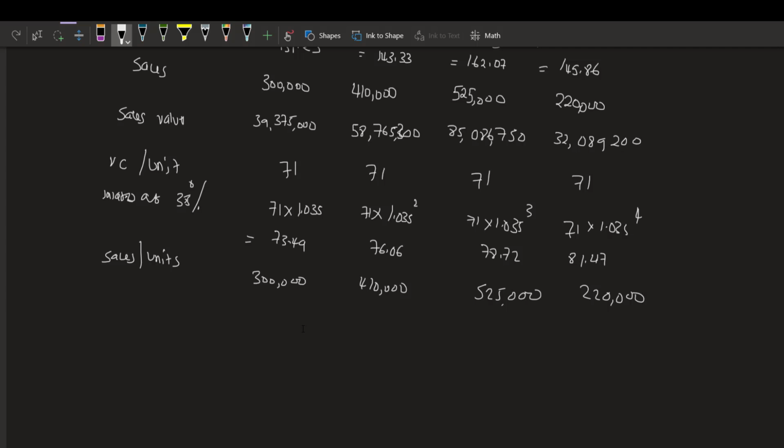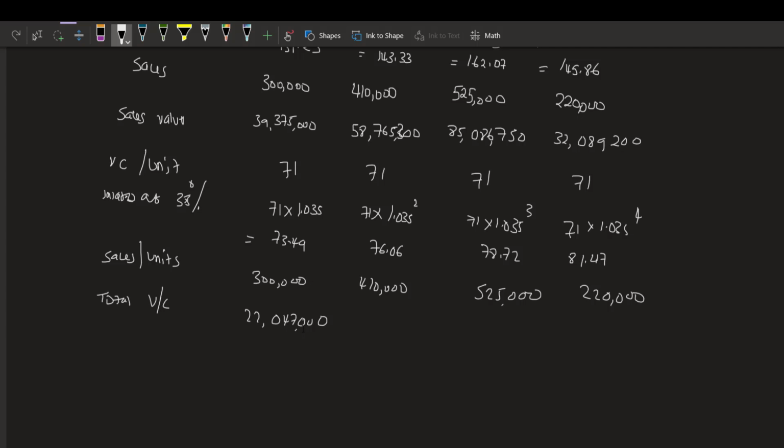Go ahead and multiply that. The first one, 73.49 times 300,000, gives the total variable cost of 22,047,000.